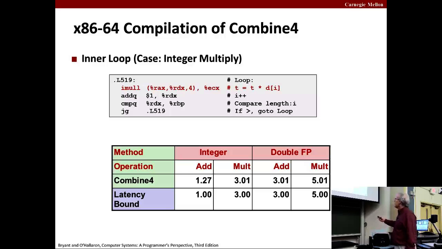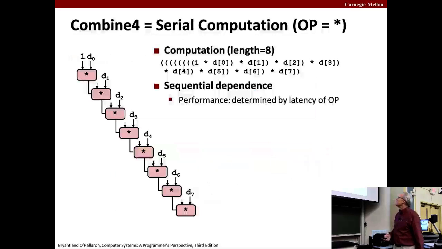And you'll see that my measurements all correspond to what I'm calling the latency bound of these machines, which is based on how much time it takes from the beginning of an operation to the end. We can diagram the computation being done by this program: it's doing a series of multiplications, and I require the result of one multiplication before I can start the next.